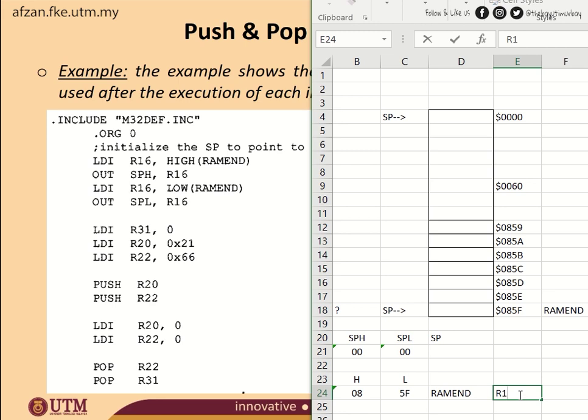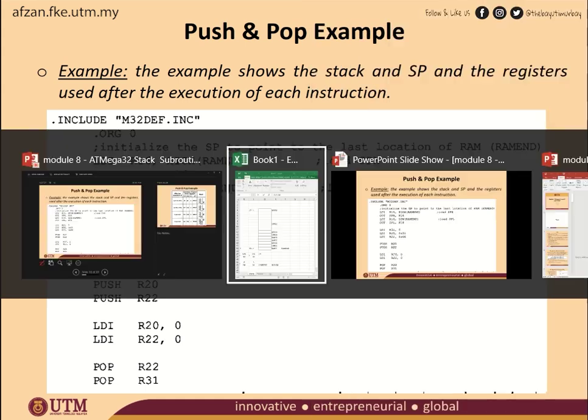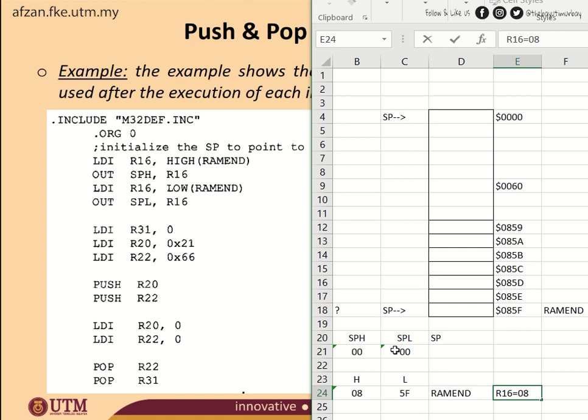So R16 now has 08. Then the second line, out SPH, R16. After you execute this instruction, the value from R16 is stored to your SPH. So now SPH has 08 from R16.